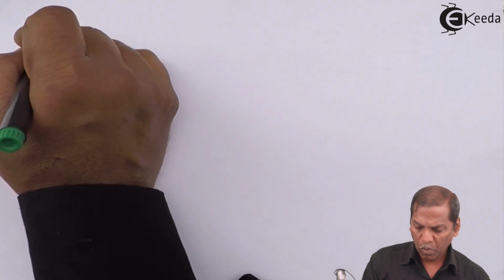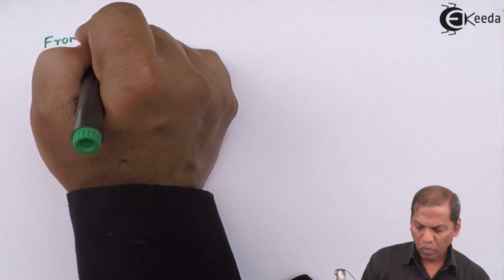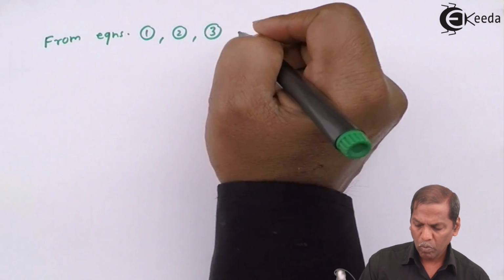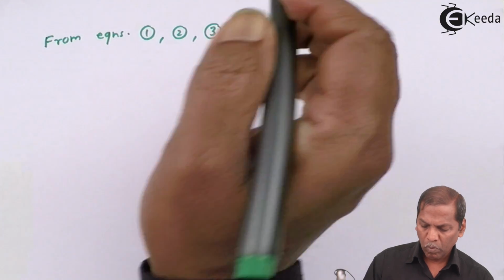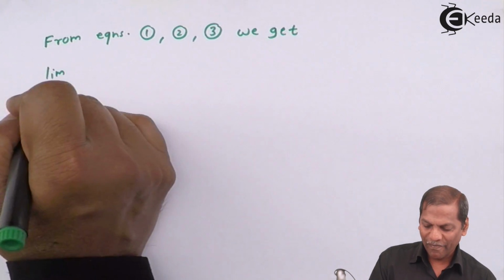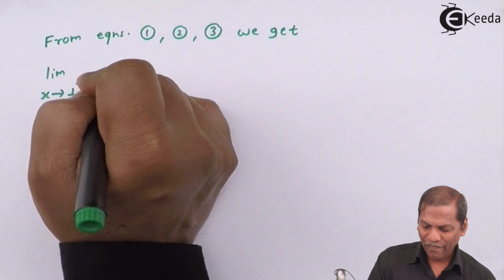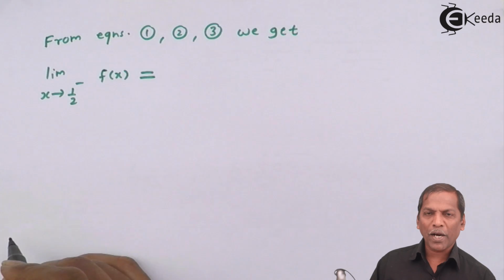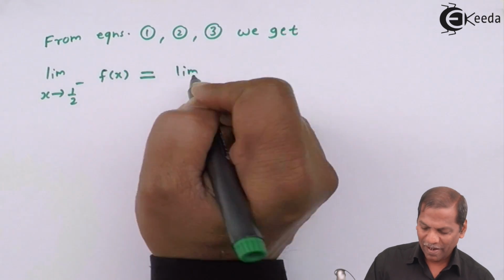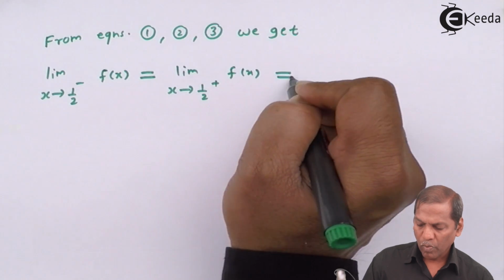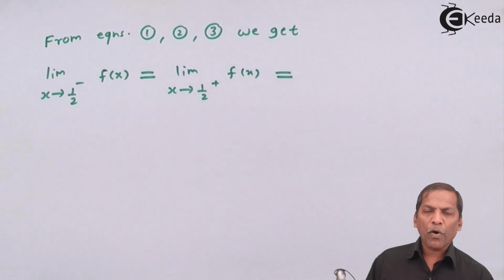Now from equations 1, 2 and 3 we get limit x tends to 1 by 2 minus f of x is equal to limit x tends to 1 by 2 plus f of x is equal to f of 1 by 2.